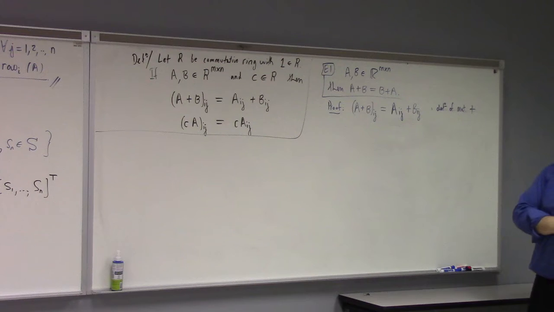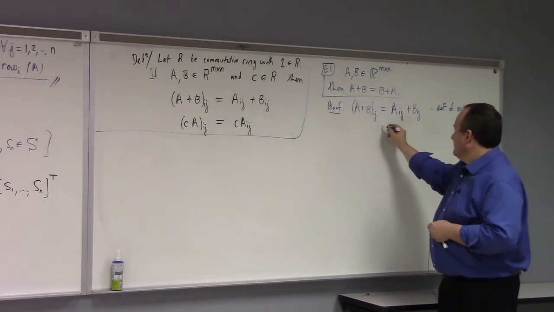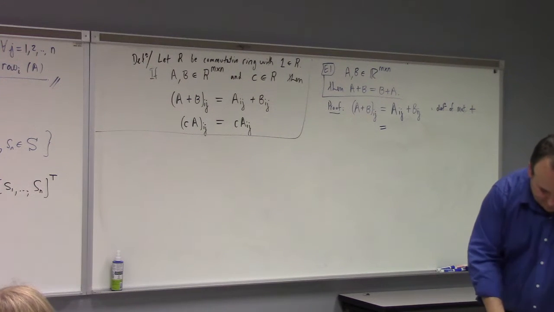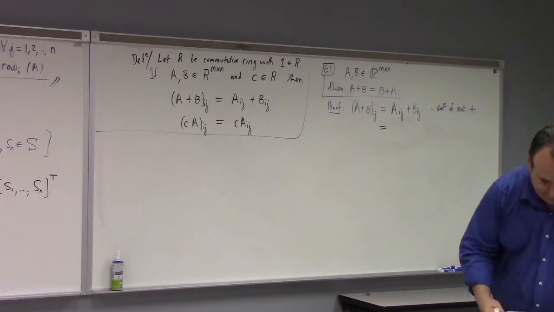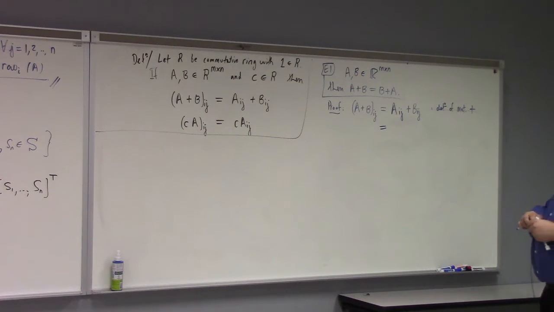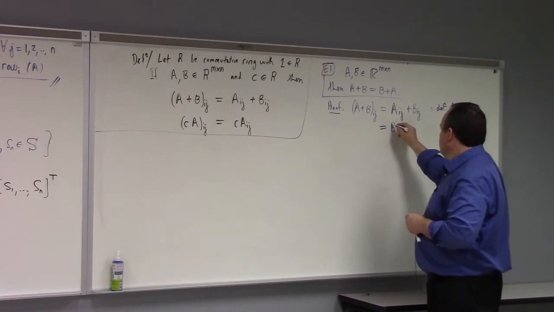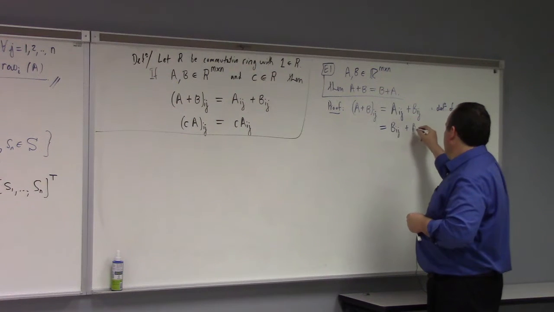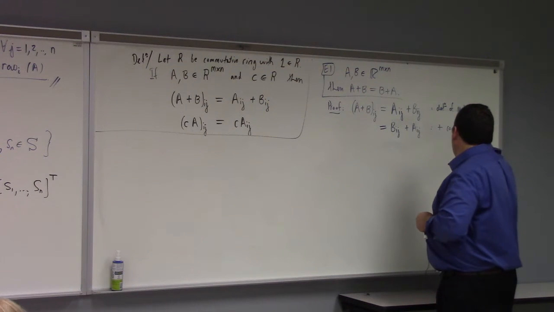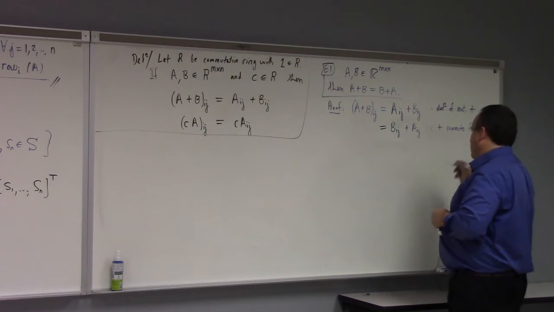What's my next step? B_ij plus A_ij. And why is that true? Because it's a commutative ring, so addition commutes. Right, addition commutes for real numbers, just like you said.